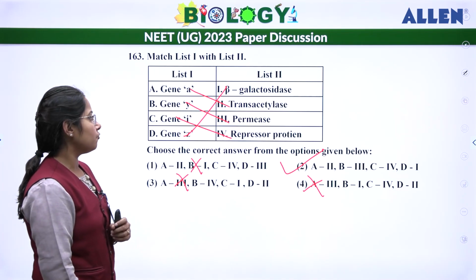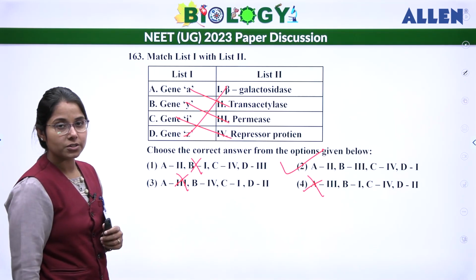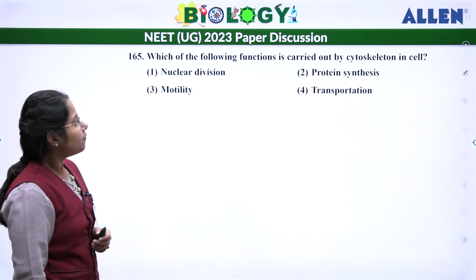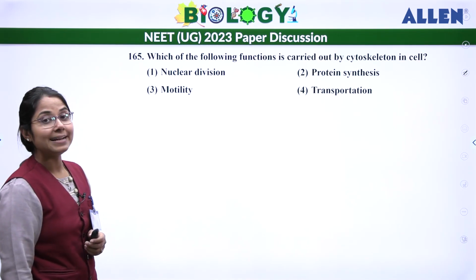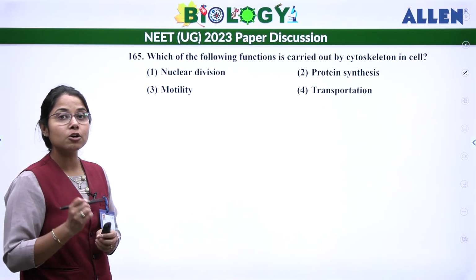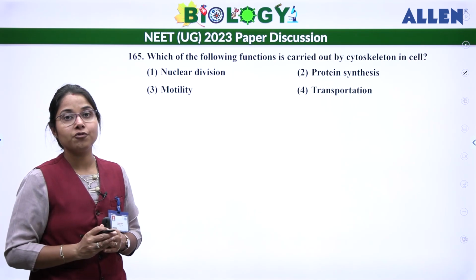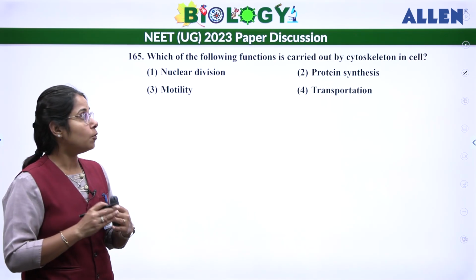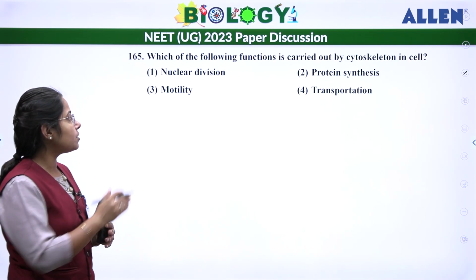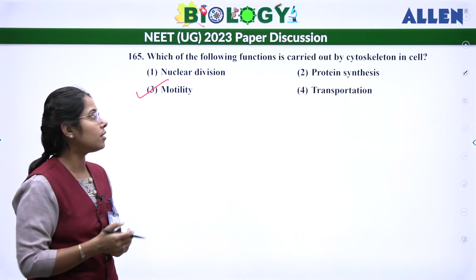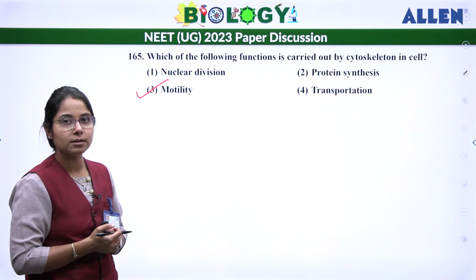C will be 4 and D will be first. Next. Which of the following functions is carried out by cytoskeleton? Cytoskeleton is microtubules and microfilaments, which are the major components of flagella as well as cilia. So the cytoskeleton in a cell will be responsible for motility.